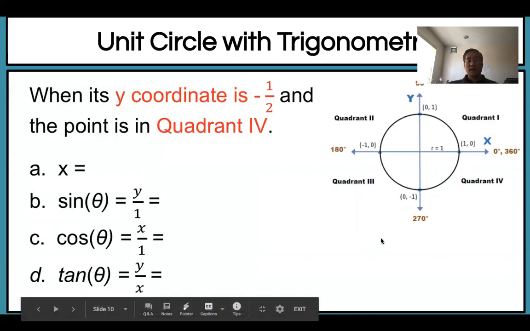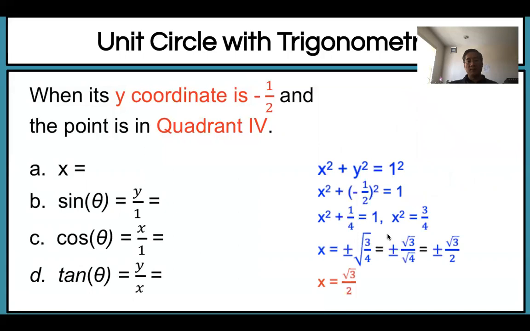So let's solve for x first by using what? The Pythagorean theorem, right? x squared plus y squared is equal to what? 1 squared. Make sense? Then we substitute negative half for y.